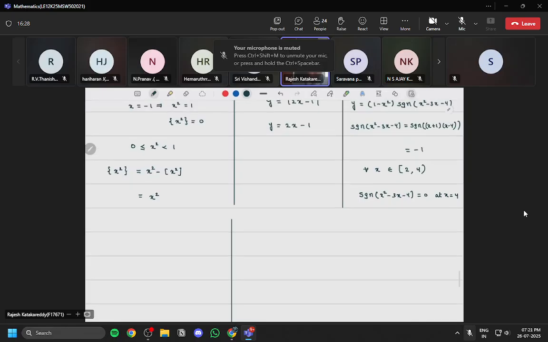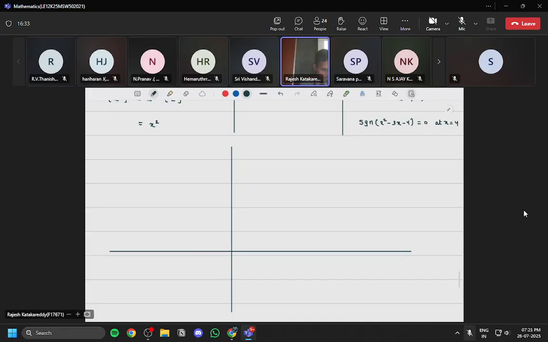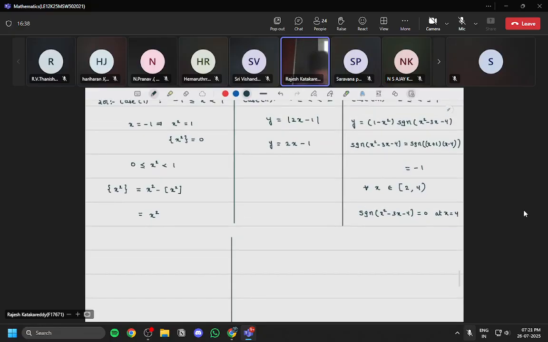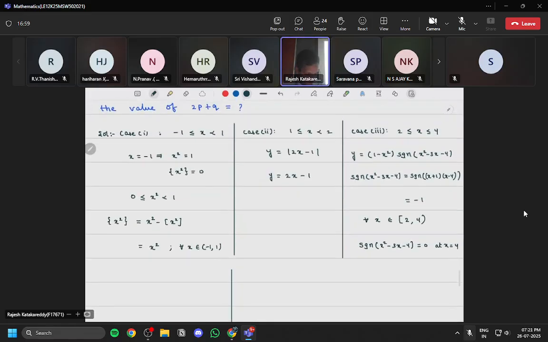From minus 1 to plus 1, minus 1 not included, plus 1 also not included, that is y equals x square. Y equals x square is an upward parabola, vertex at the origin. Oh no, at minus 1 it is 0.